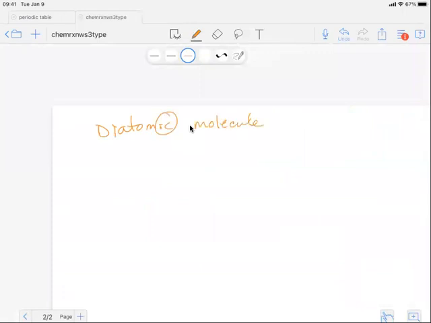Okay, remember I told you that "ic" in English makes the word an adjective. In this case, it's describing the noun molecule, and then "di" means two. So it's an adjective that describes the molecule as being made of two atoms. So oxygen is O2. If I say oxygen or oxygen gas, I'm referring to O2.